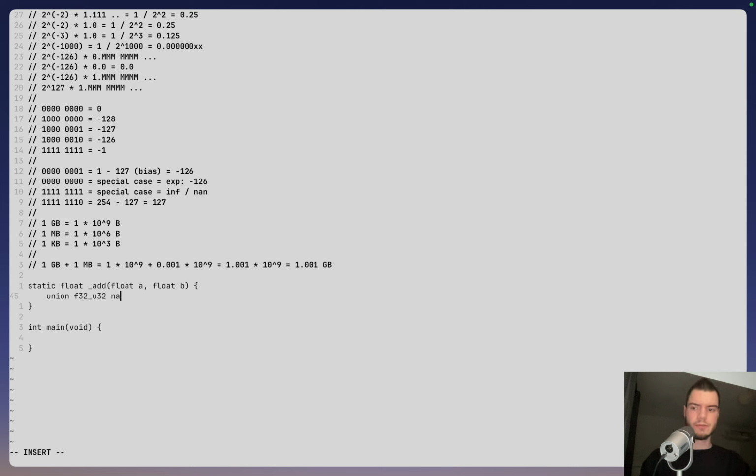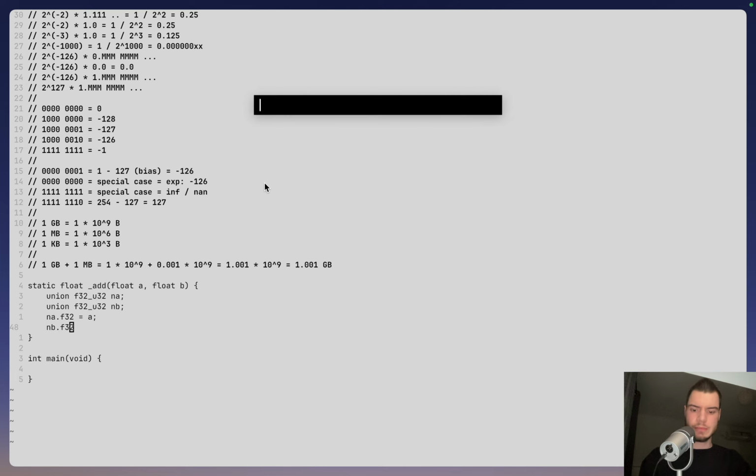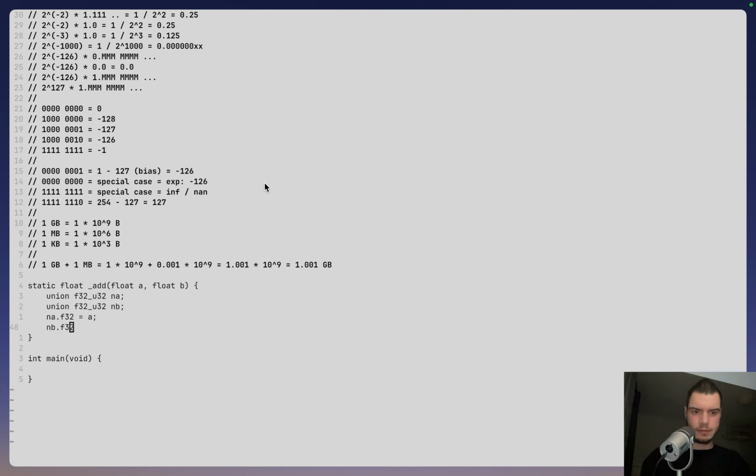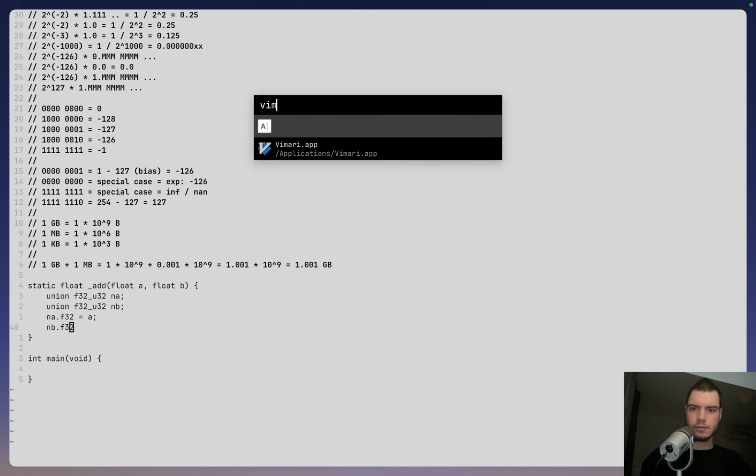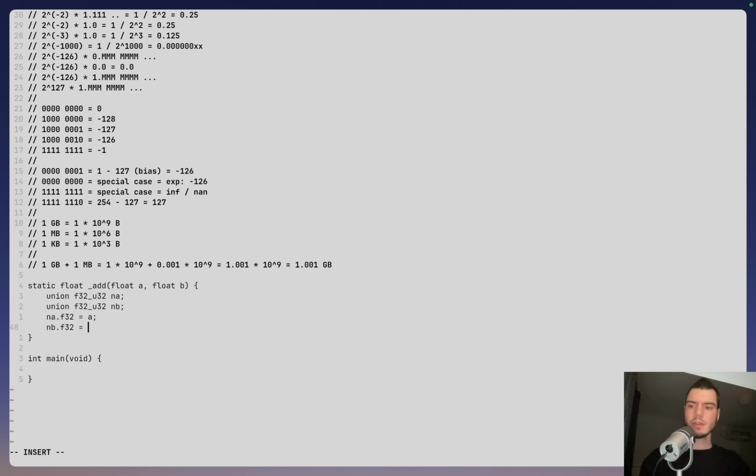And we're going to do that for A and for B. And we're going to assign the float value, that's our input, to the floating point member of our union. Actually, let me just have a look if I'm still visible. That looks good. Same thing for B.